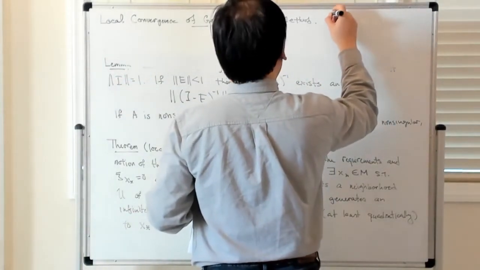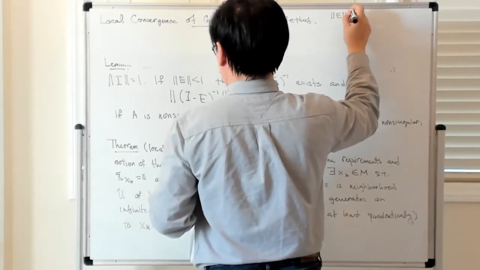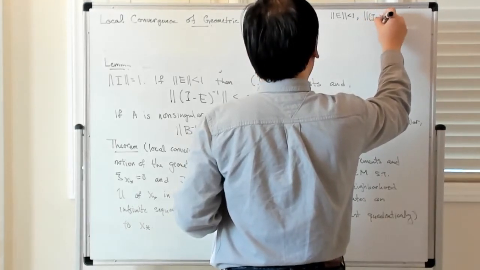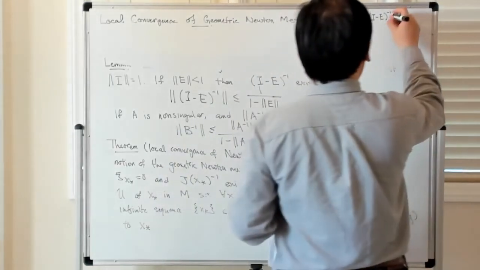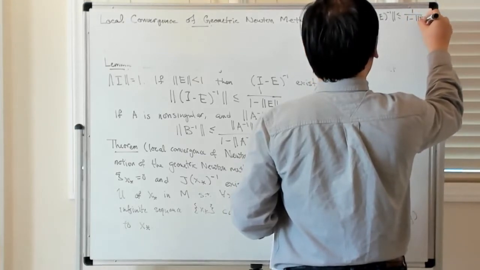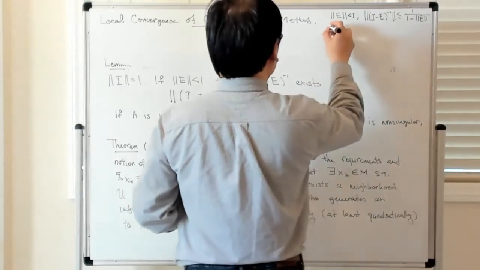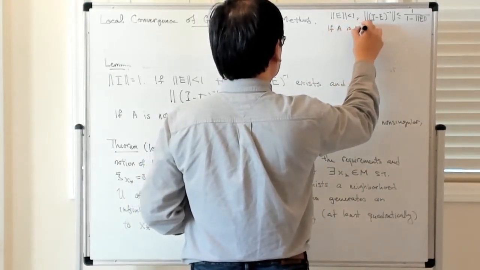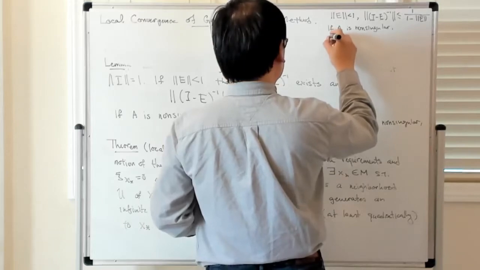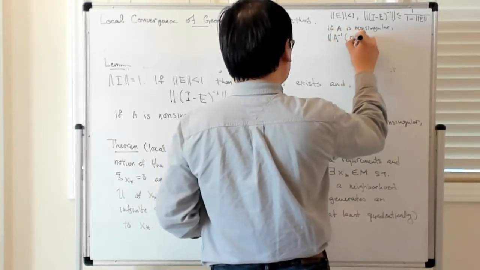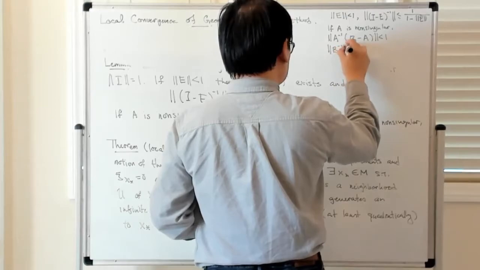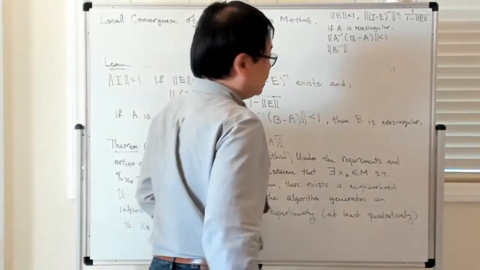If the norm of E is less than 1, then I have this induced operator norm on the inverse of 1 minus E as less than or equal to 1 over 1 minus the norm of E. And if A is non-singular and the norm of A inverse applied to B minus A is less than 1, then B is non-singular, and I'll denote that by an estimate on the operator norm here.